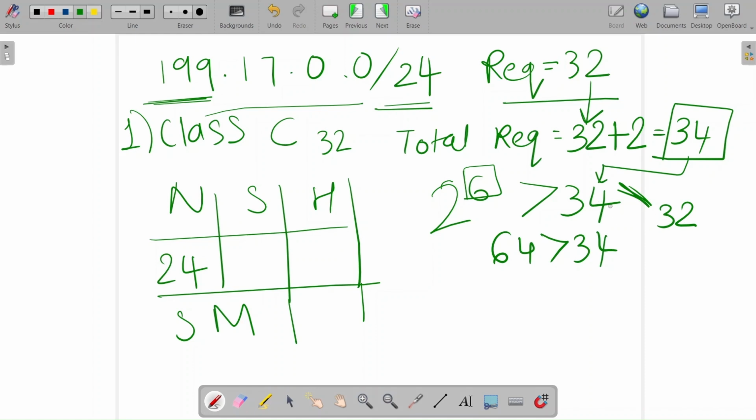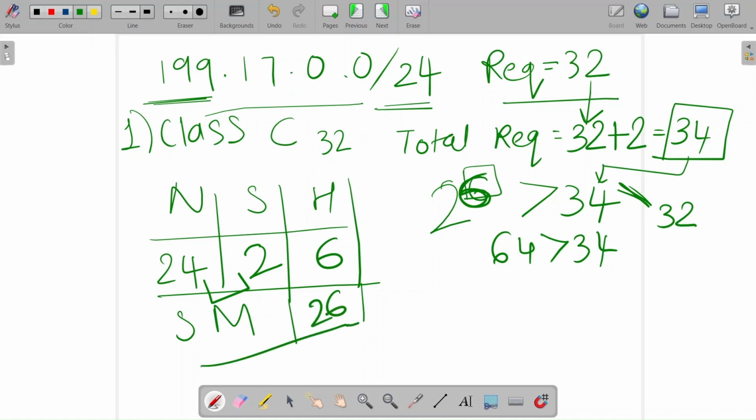The total requirement is 34, so we need something bigger than 34 to accommodate it. So it is 64, and our host bits is the power. So we will write 6 here, and using basic maths, 32 minus 30, which is network plus host, that leaves us with 2. So our subnet mask is basically network plus subnet bits, which is 26.